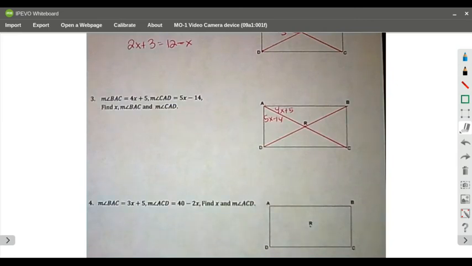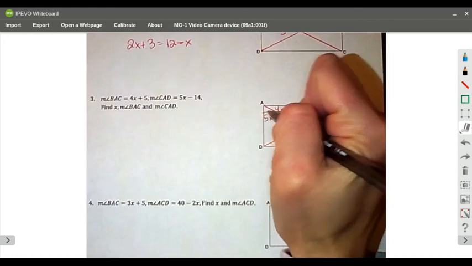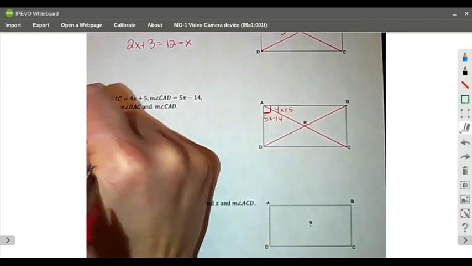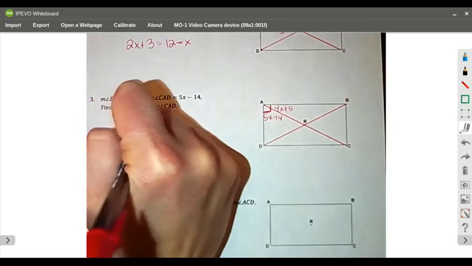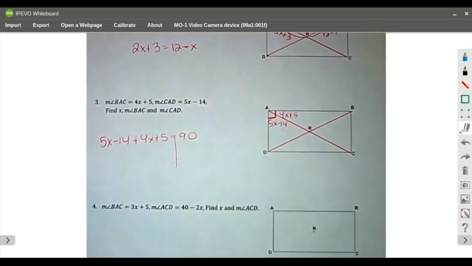A very common error for a problem like this is kids will set them equal to each other. They're not equal to each other in a rectangle. But we do know that this whole thing is 90. So they add to 90. So you do 5x minus 14 plus 4x plus 5 equals 90. And then solve. There's that one.